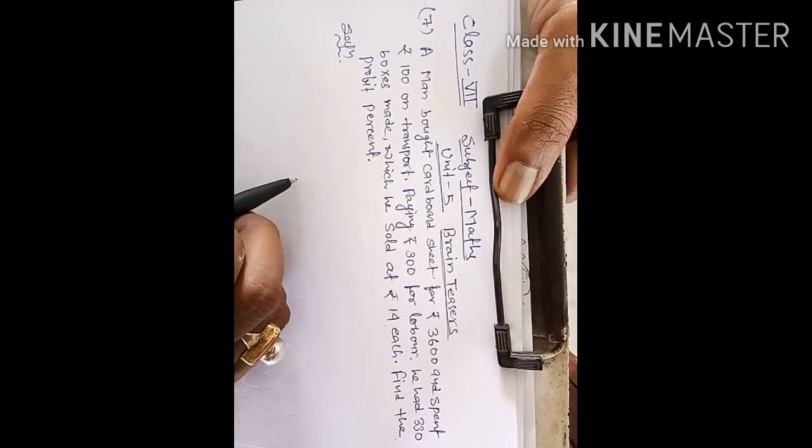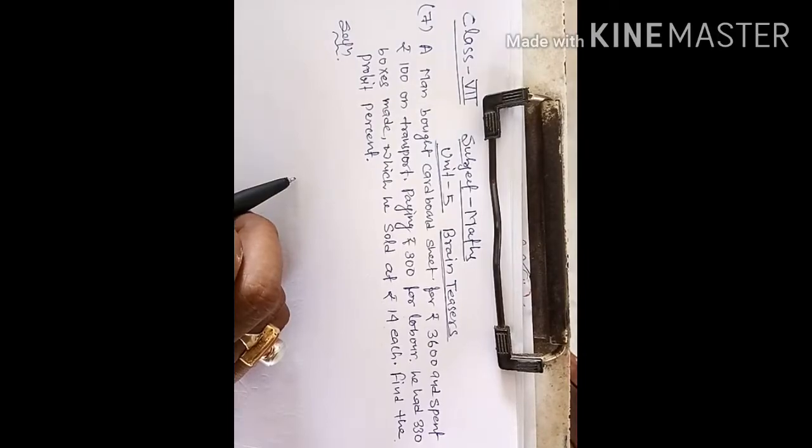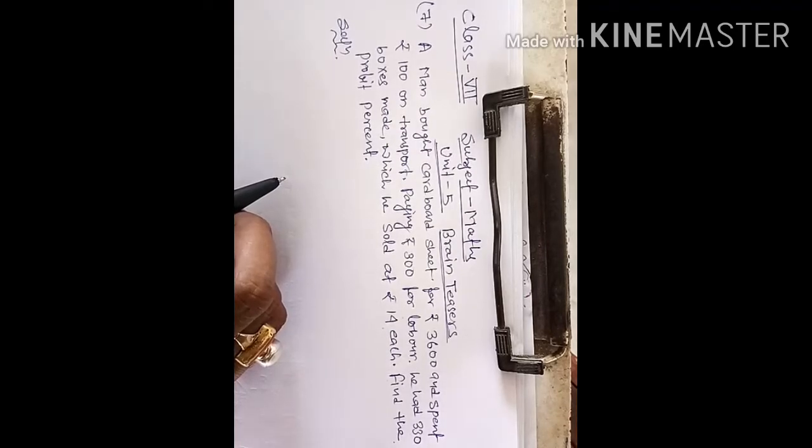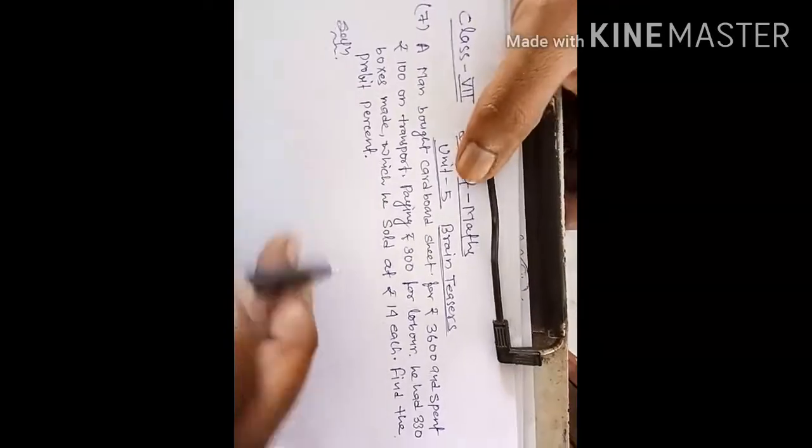Here it is given that he spent on cardboard rupees 3600, on transport rupees 100 and on labor charge rupees 300. It means he spent a total of rupees 4000, and he made 330 boxes and sold each box at rupees 14. You have to find the profit percent.